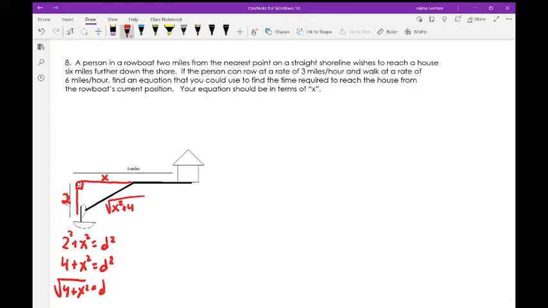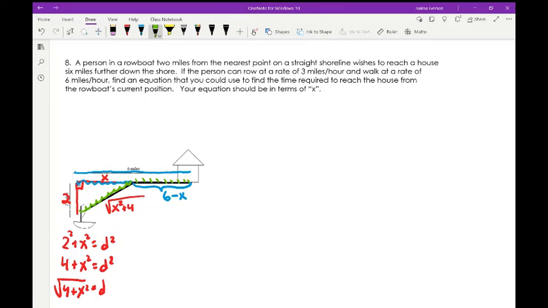We also know that this whole distance right here is 6 to the house. We know that this piece right here is x, so that means that this piece right here has to be that total distance of 6 minus x. And what happens is that the boat goes across the water and then walks along here.